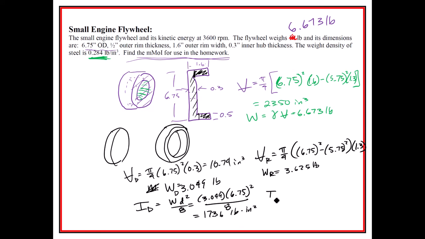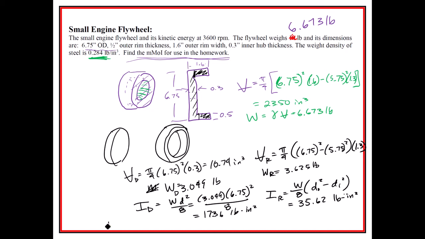And then for the ring, I have something similar, but instead it's going to be weight over 8 times dO squared minus di squared. And if we stick those things in there, we end up finding that it's 35.62 pound inch squared.